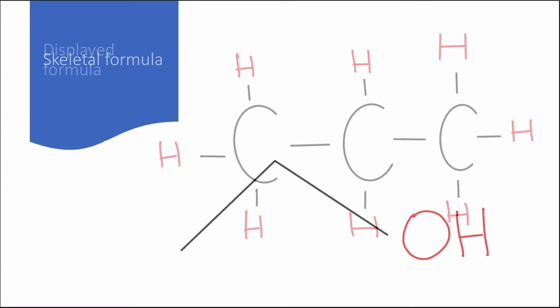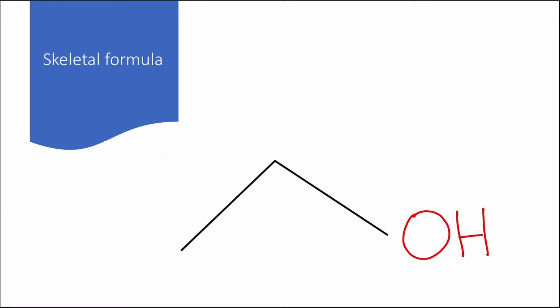Last, but definitely not the least, is the skeletal formula. This is the chemist's way of writing formulas. Listen, we're lazy people. We do not want to draw out a displayed formula or even a structural formula for that matter. So what we do is we draw a skeletal formula. They basically look like lines, but each one of these lines means something.